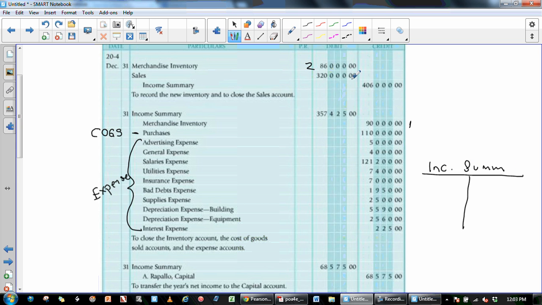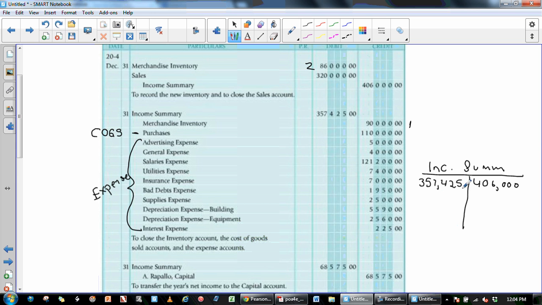You see that my income summary was credited 406,000. My income summary was debited 357,425.